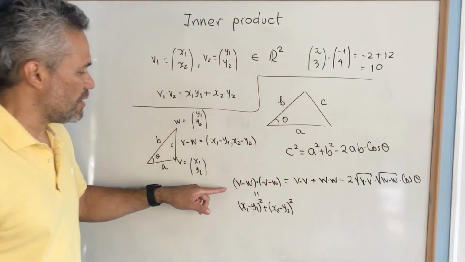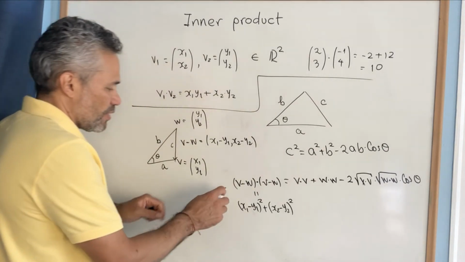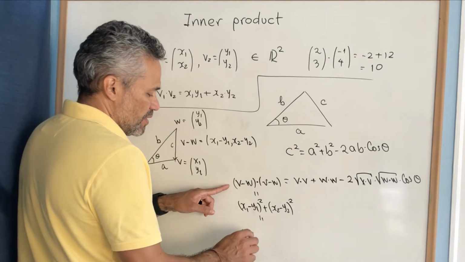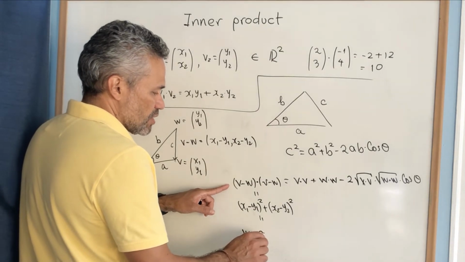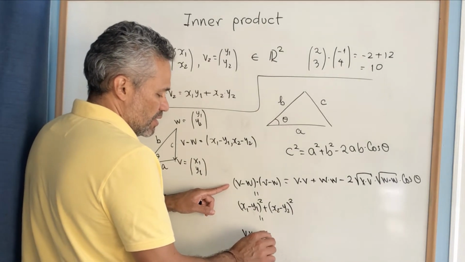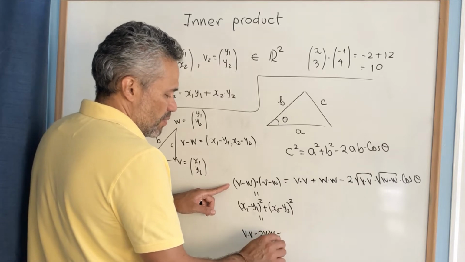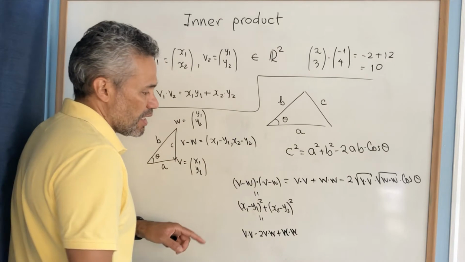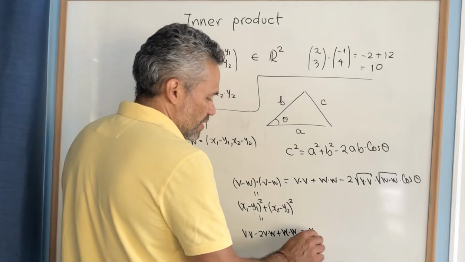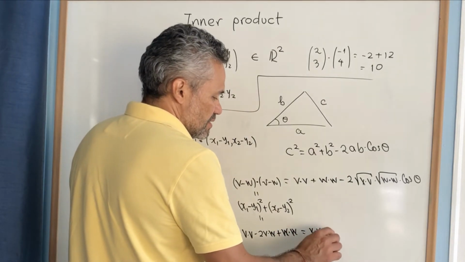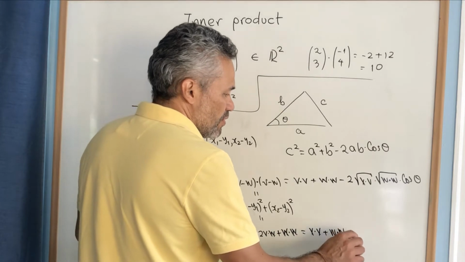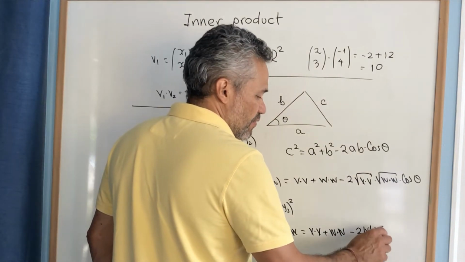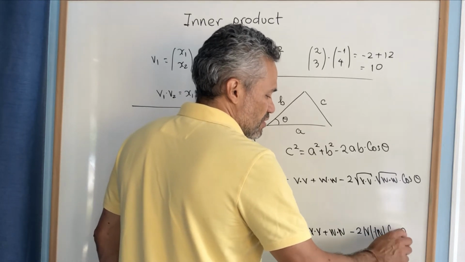But then doing the math, the part on the left is equal to v dot v minus 2 times v dot w plus w dot w, and this is equal to v dot v plus w dot w minus 2 times the length of v, the length of w, times cosine of theta.